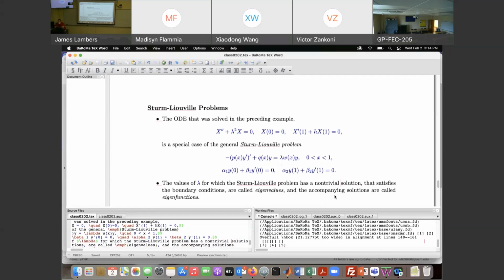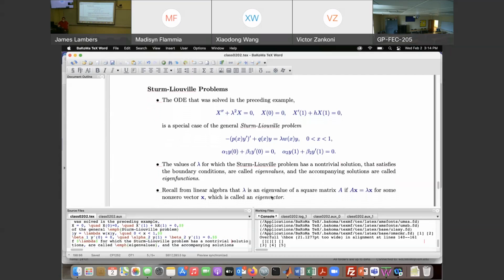Now, you've probably seen the term eigenvalue before in a whole other class. Can anyone tell me what math class the term eigenvalue has already come up in? Yeah, it's a linear algebra concept.